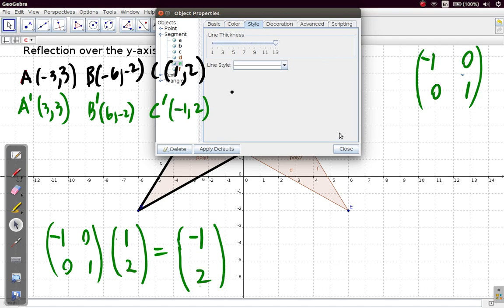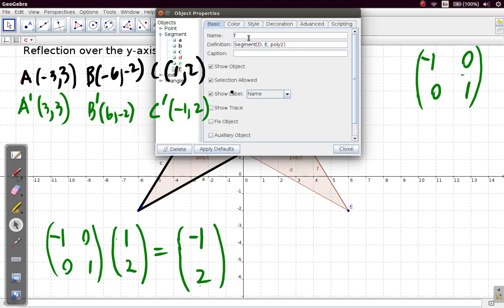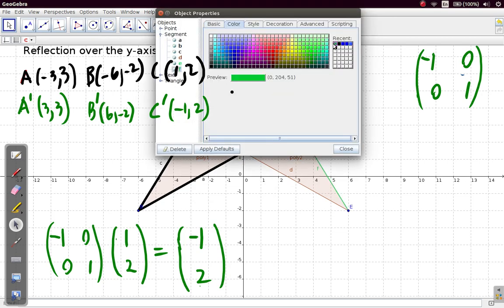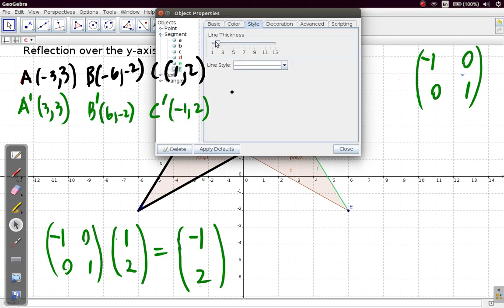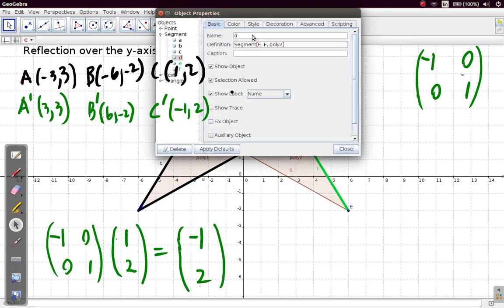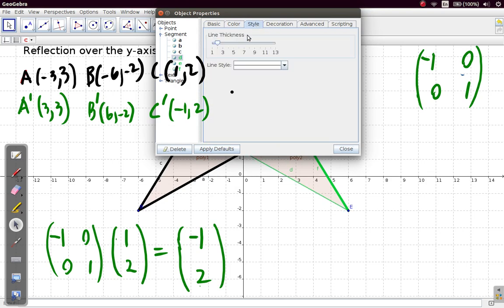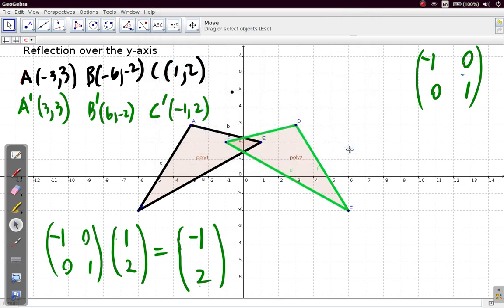Nice, and make it thick. Here we also use the same green and make it thick, and the third side we do the same thing.